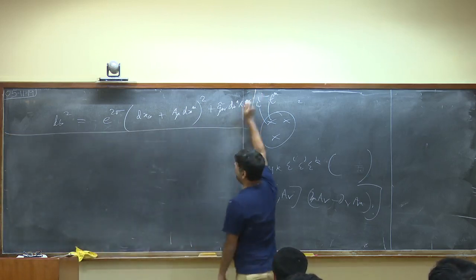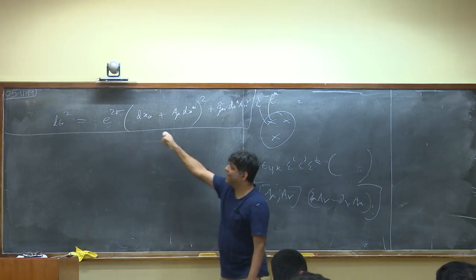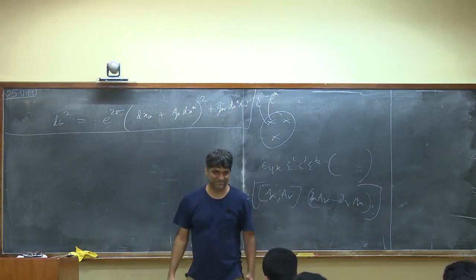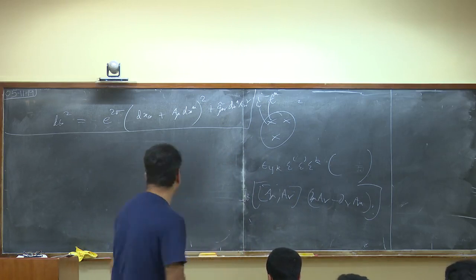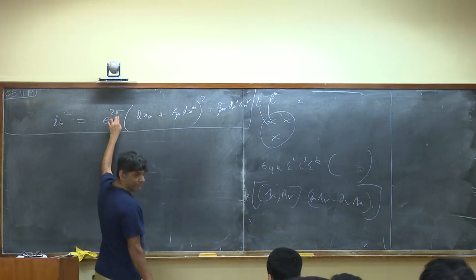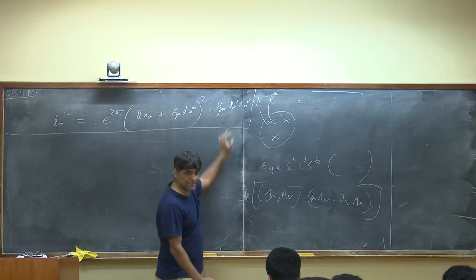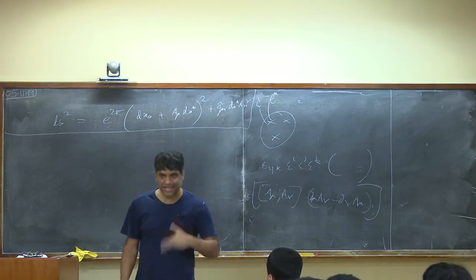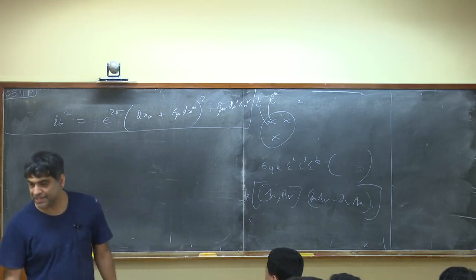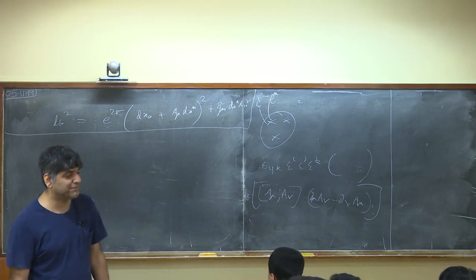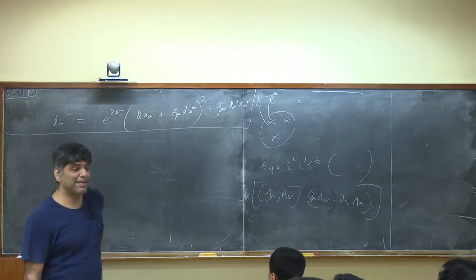Now, the game that we want to play is to take this and plug it into Einstein's action and see what action we get for the effective fields sigma, A mu and g mu nu. This is a game we can play, it's not too difficult, but even before playing it there is a fact about the action as a function of x mu that is completely obvious.